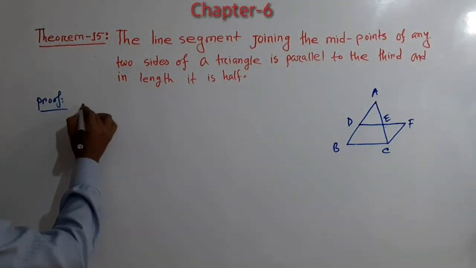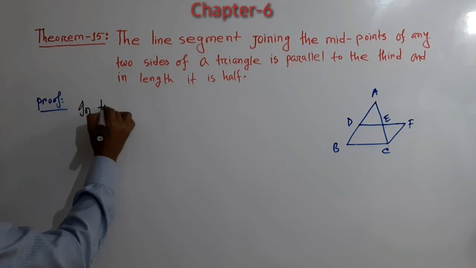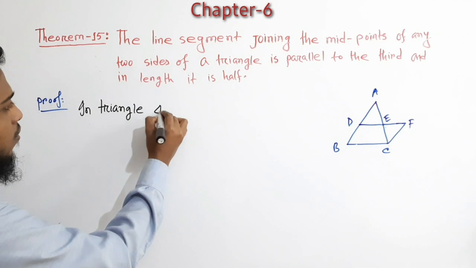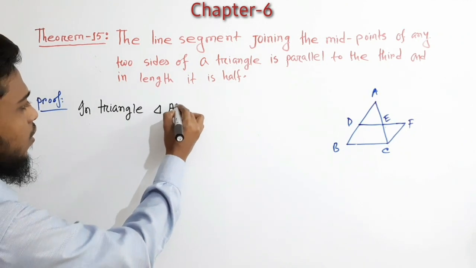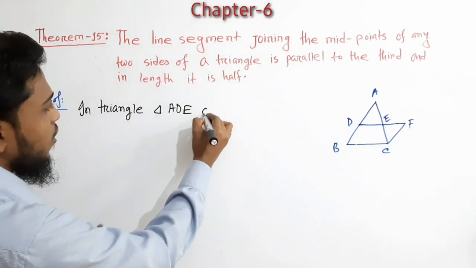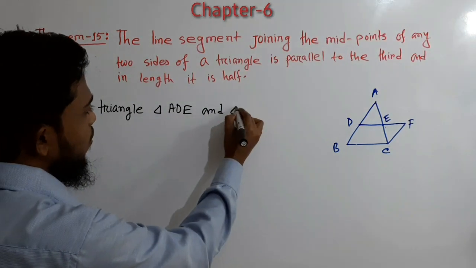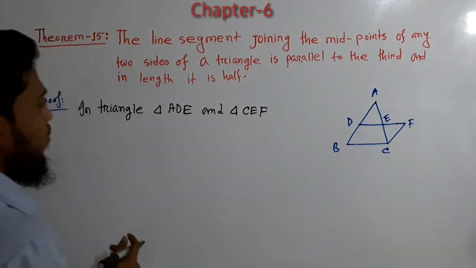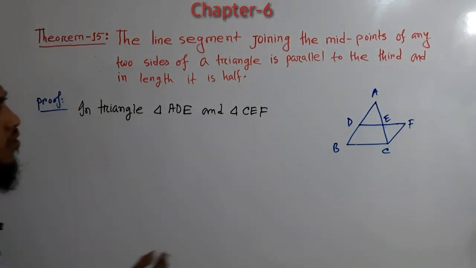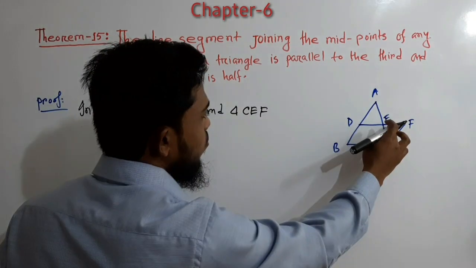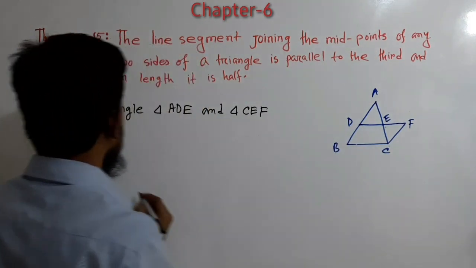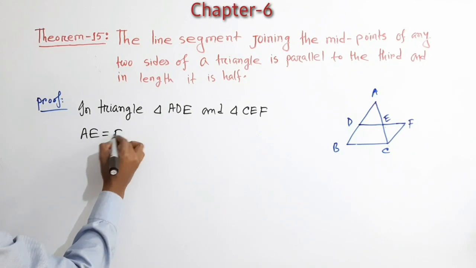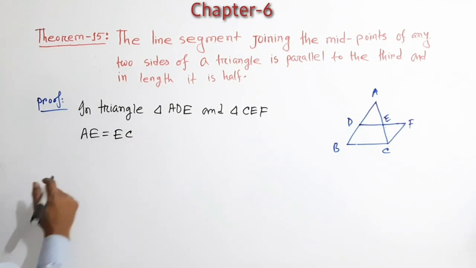Look, in triangle ADE and triangle CEF, here we see that AE is equal to EC.